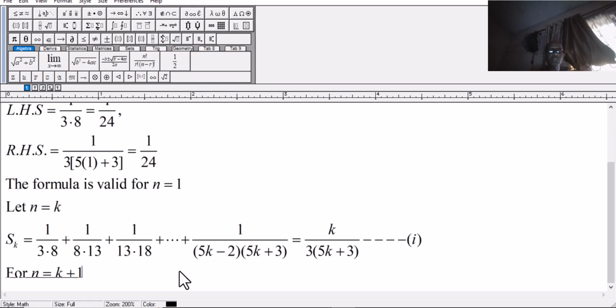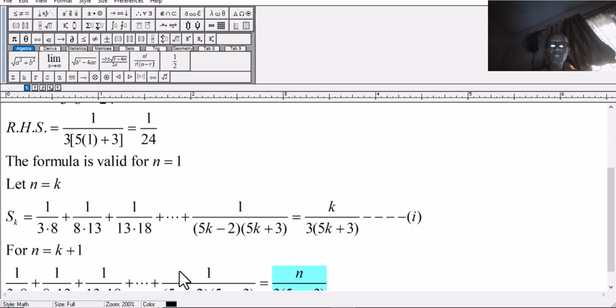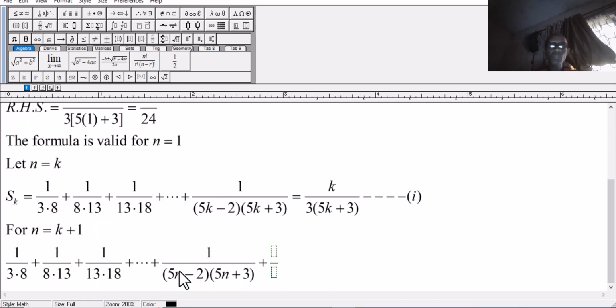So now I have to clean this. So now that will be the next term after our k. This one we have to change to k. So we are dealing with k.